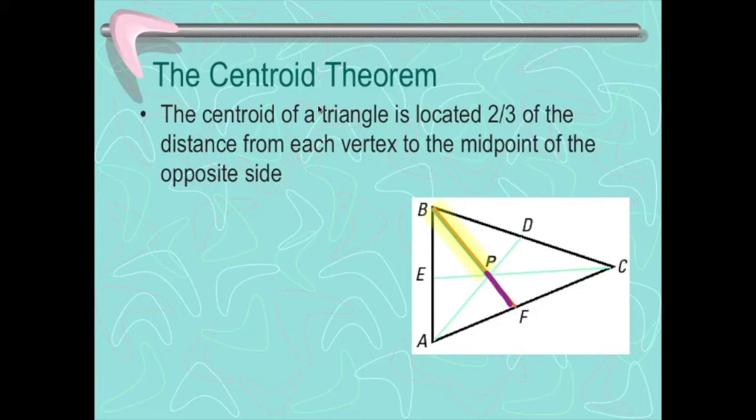You can probably tell it's bigger, the top part is longer than the bottom part, but it's always the one from the vertex down. Let's do another one. What part is the 2/3 and what part's the 1/3? CP is 2/3, and the 1/3 is the rest.